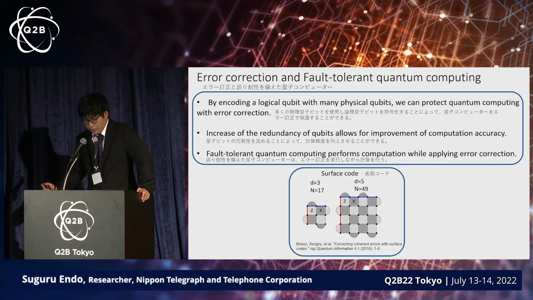The graph shows an example of the surface code, and the value d, called code distance, indicates the redundancy of the qubits. By increasing the code distance, we can improve the computation accuracy. Fault-tolerant quantum computing refers to quantum computation which performs computation while applying error correction.